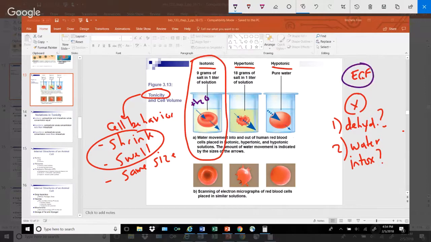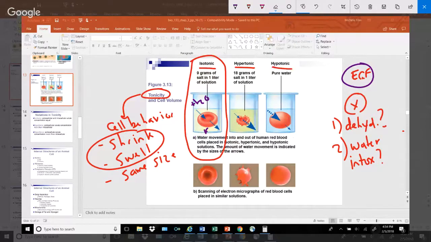We want our extracellular fluid to be isotonic, because imagine the outside of the cell, the extracellular fluid, is isotonic, meaning it has the same amount of water and special particles called solutes, like ions or proteins, as what's inside the cell. It's exactly the same. And that's what we want our cells to be bathed in.